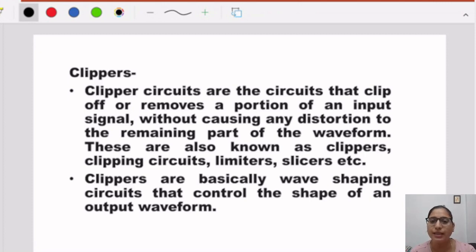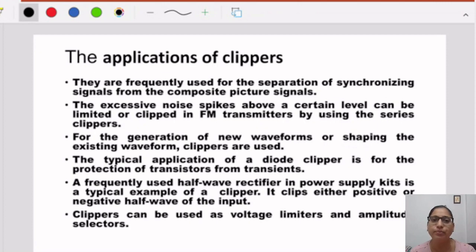Now we will discuss a little more about clippers as a part of their applications. They are frequently used for the separation of synchronizing signals from the composite picture signal. Now what does the term composite picture signal mean here? Composite signals are signals made up of many signals, like in a video signal.